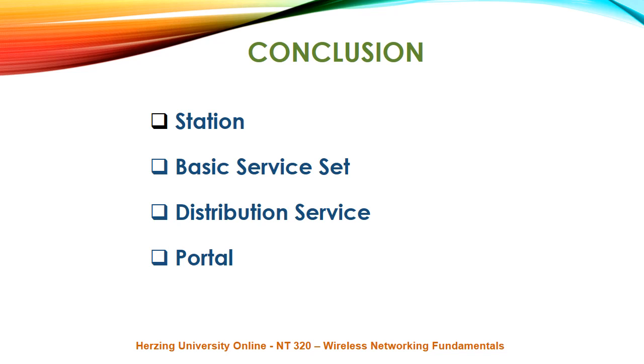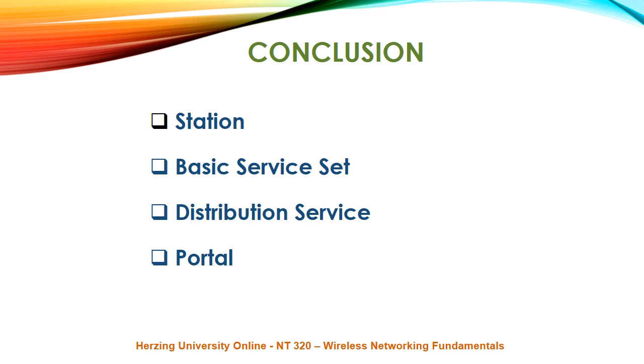Now, to be very practical, the way this tends to be implemented is that we use an access point to implement a BSS, and then another access point to implement another BSS, and we plug these two access points into an Ethernet network. The Ethernet network gives us our distribution system media.